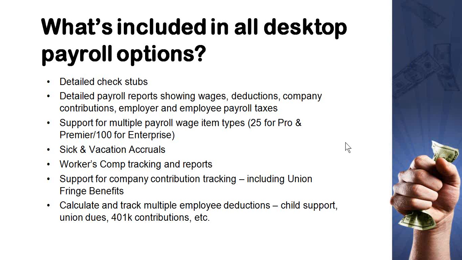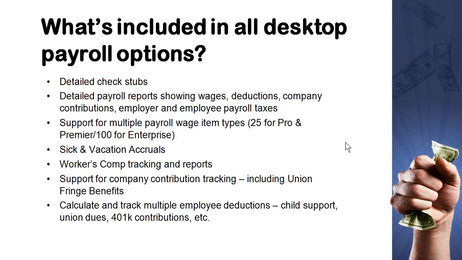Now, this is a really important piece, especially if you're a contractor and you work on prevailing wage jobs where every job could have a different rate of pay. You can create very specific payroll items and keep them in the employee records with the correct rates of pay.